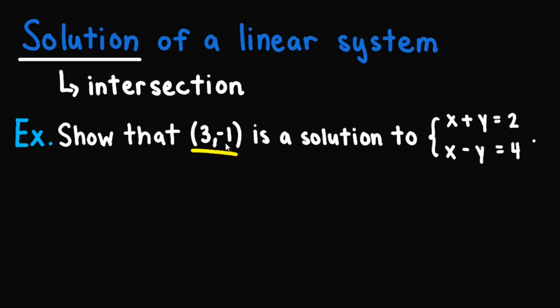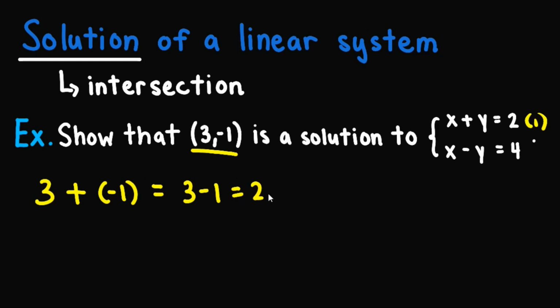So first, let's plug in (3, -1) to this first equation out here. So we have here 3 plus -1, and that will give us 3 minus 1, which is 2. So 2 matches the 2 out here. Therefore, at this point, the first equation holds.